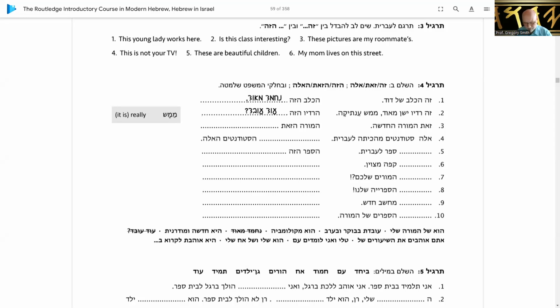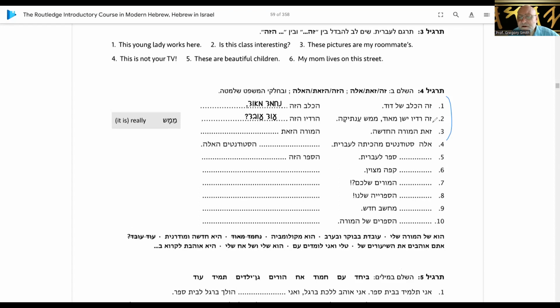Let's see what we got going on. Okay, guys, so I looked at this one here. We've got these three here. Now, what's this one?